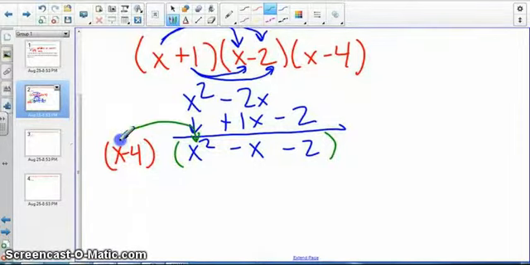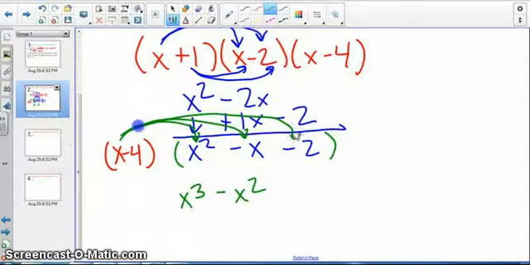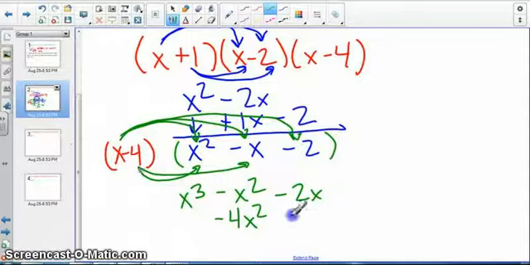So x times x squared is x to the third. X times negative x is negative x squared. X times negative 2 is negative 2x. Then negative 4 times x squared is negative 4x squared. And if you notice, I'm writing them vertically, so I'm lining my like terms up. Negative 4 times negative x is positive 4x.